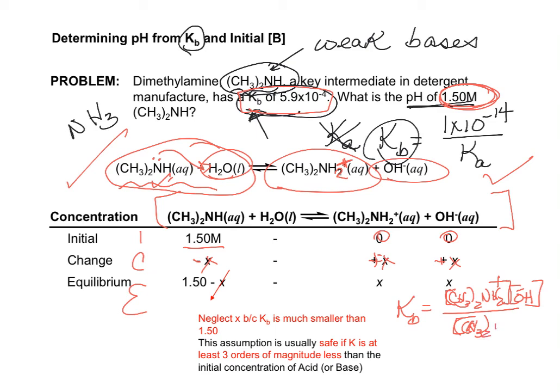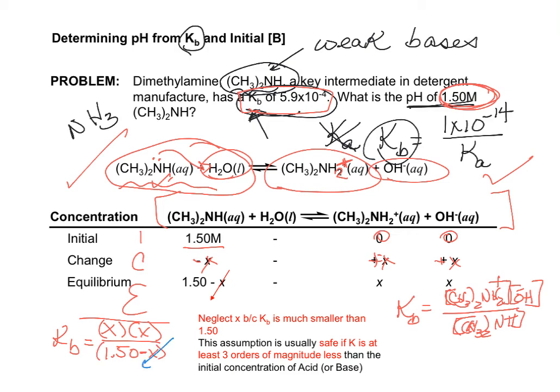Sorry, I'm so sloppy. All right, that is Kb. And so now we're going to plug in the values we got from the ICE table. So we have X for each of the products and 1.50 minus X for the reactant.